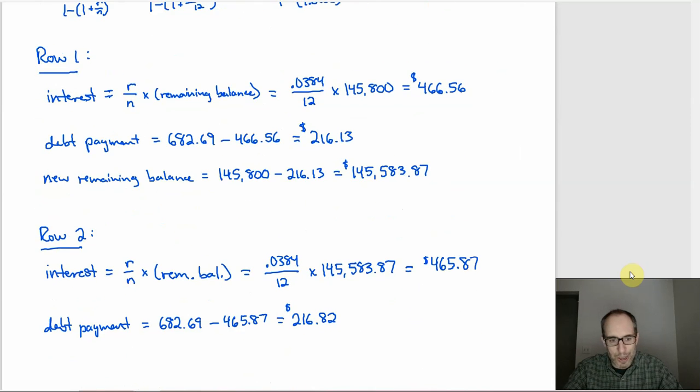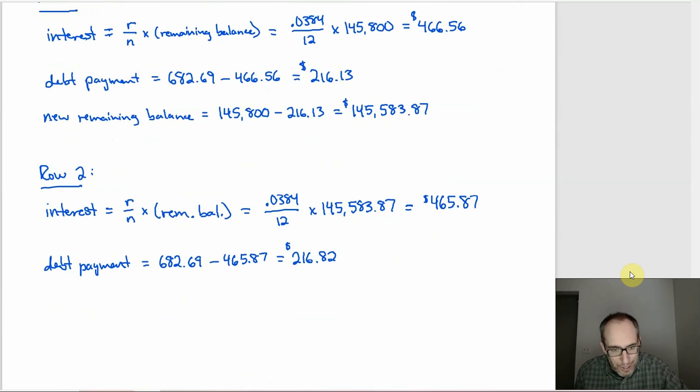And then for the remaining balance, or I guess the new remaining balance, we'll start with the old one and then subtract the 216.82.